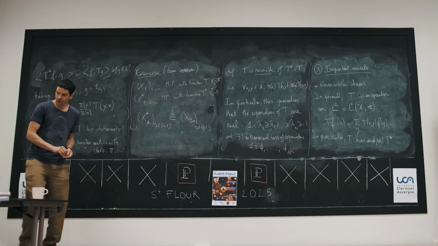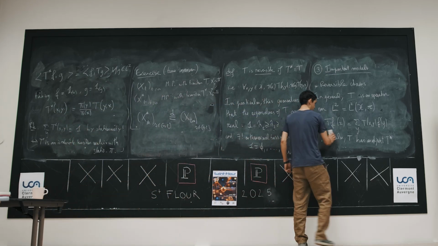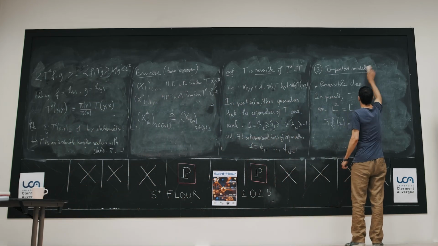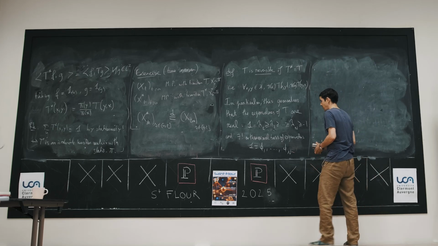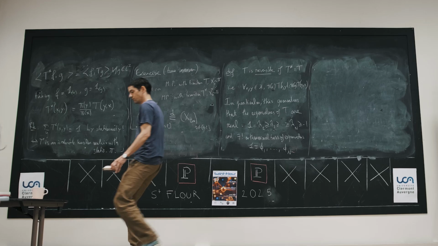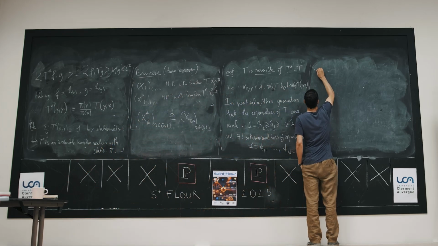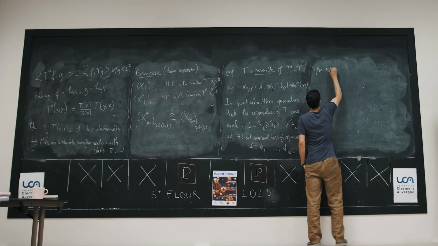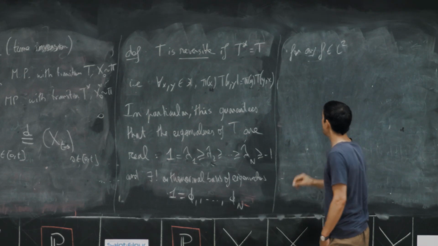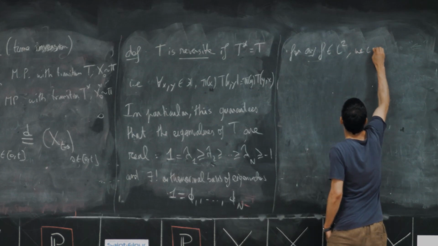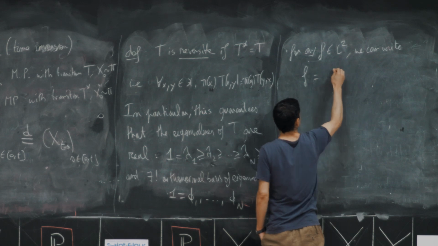Okay, so this is very nice for studying mixing times. The reason is that when you diagonalize T, what it means is that you take any f in L2, you can project it on your orthonormal basis. This is basic linear algebra.